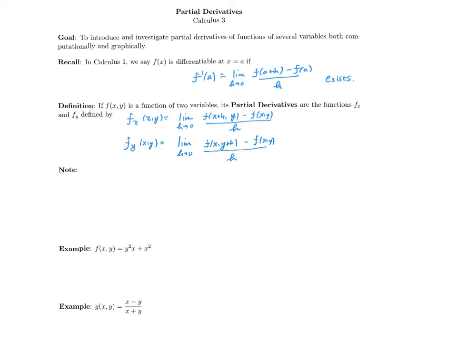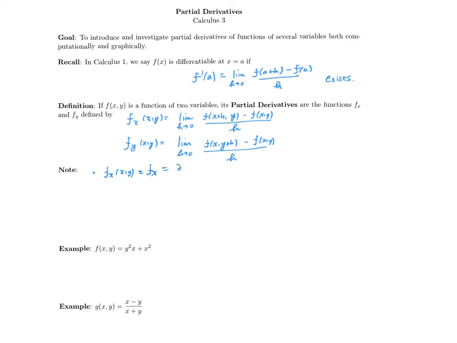And I do want to make a few observations, the first of which is purely in terms of notation, and I'm going to write it down in terms of x's, but it also works just as well for the partial with respect to y. So we may write f sub x of x comma y, and in words I would read the partial derivative of f with respect to x. Oftentimes we might, depending upon what is convenient, drop the x comma y and just write f sub x as the partial of f with respect to x.